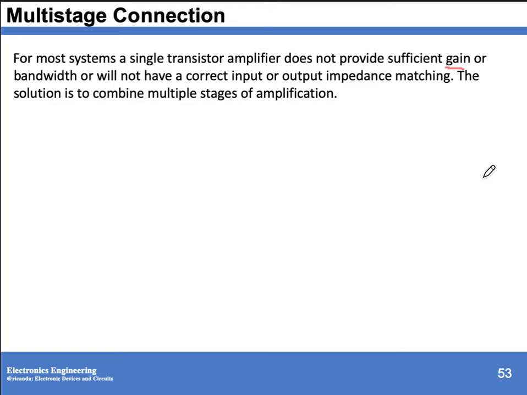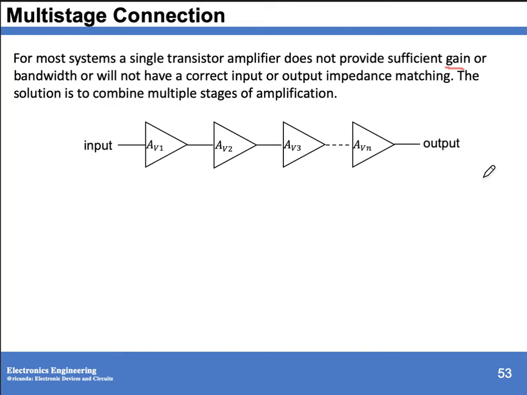The solution is to combine multiple stages of amplification. We have the input connected to the first amplifier. The output of the first amplifier is connected to the input of the second amplifier, then the second amplifier output to the next, and so on.